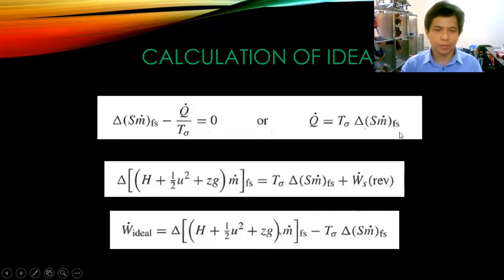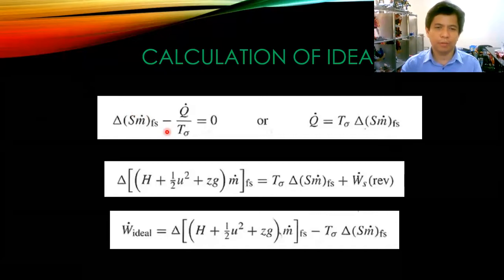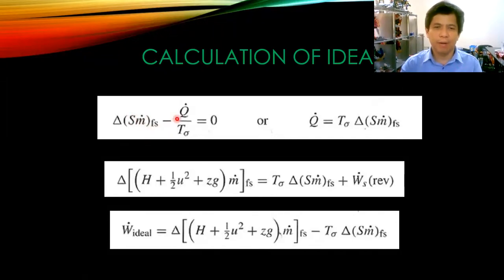So we're going to start with the equation for calculating S generated. When you consider the equation for S generated at the steady state and reversible process, we have this equation: delta S minus heat divided by T surrounding is equal to 0.